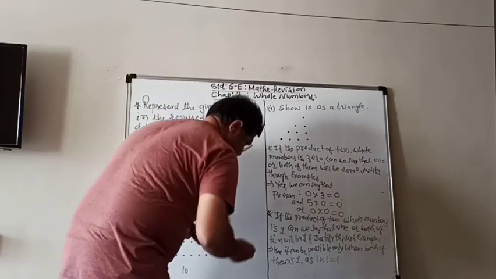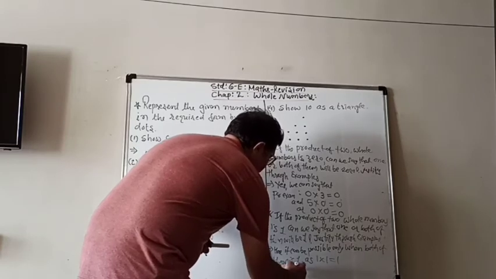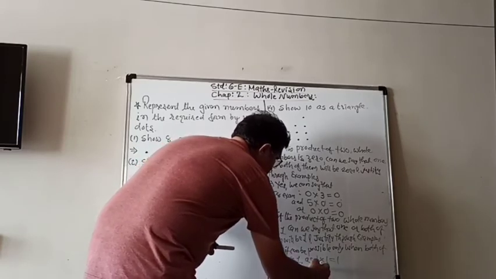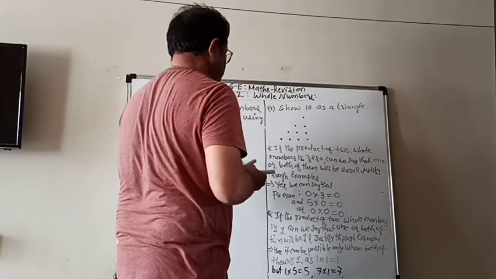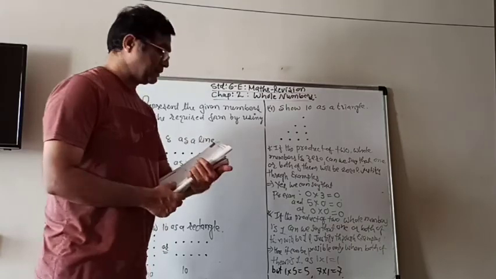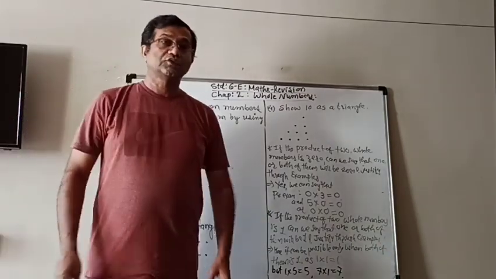But 1 multiplied by 5 is 5. 7 multiplied by 1 is also 7. So it is only possible when both numbers are 1.